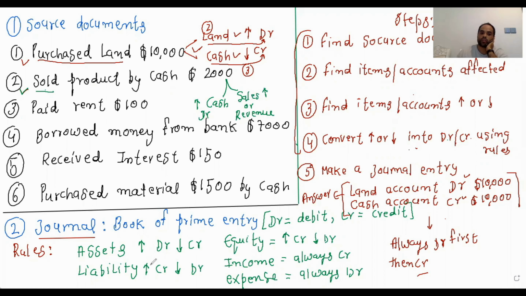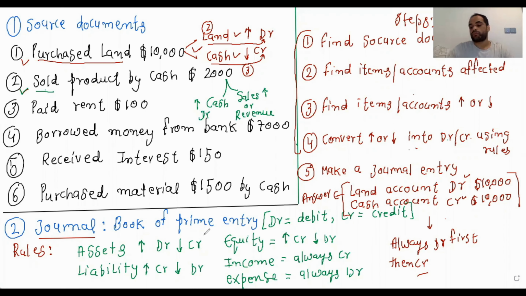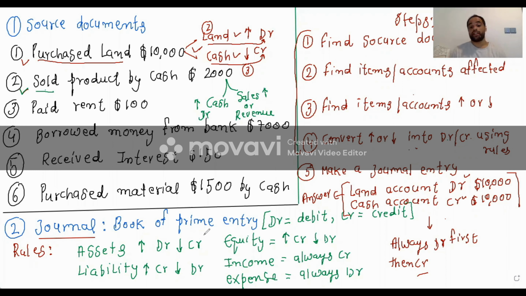Now sales. What is sales? Assets, liability, equity, income, expense? Sales is liability? Are you sure? Go and check. Sales is income, not liability.